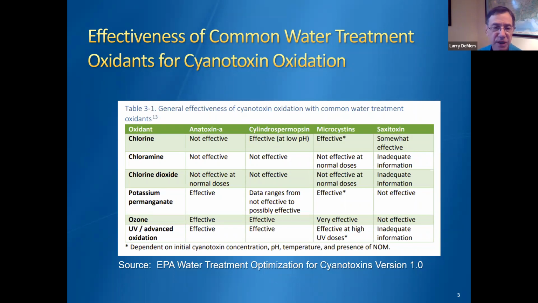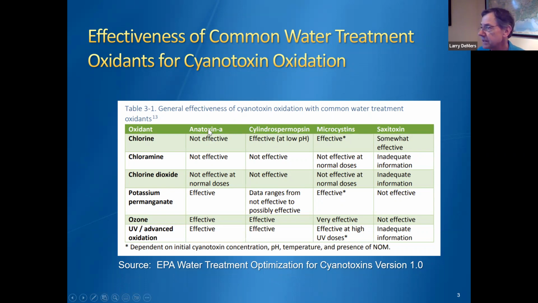Some of you may be familiar with it if you've reviewed or looked ahead in terms of planning for addressing cyanotoxins with an oxidant. And it's a good summary in terms of the typical oxidants such as chlorine, chloramines, chlorine dioxide, potassium permanganate. Then for those plants that may have ozone or are planning to put in ozone, and then more advanced oxidation.